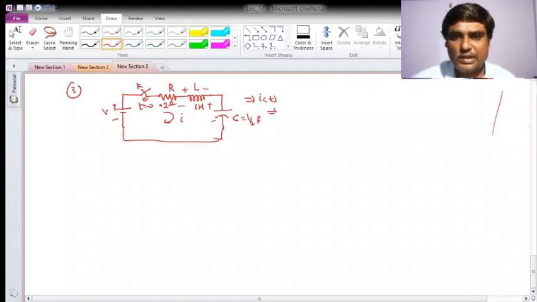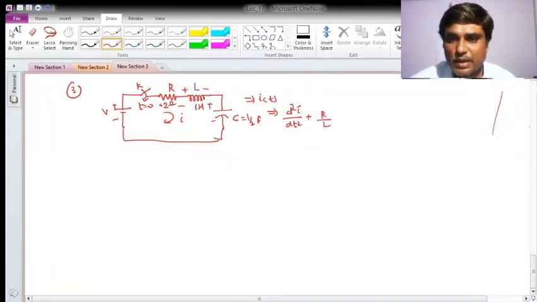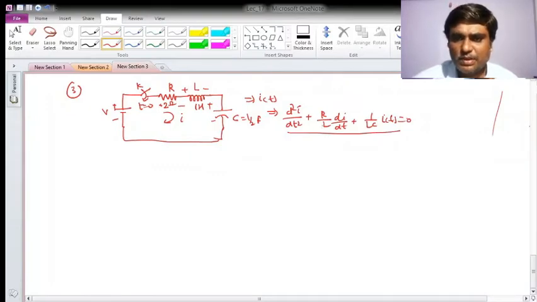So I will not write the equation, I will directly put it, that is d2i by dt square plus R by L di by dt plus 1 over LC I of t, which was 0. By putting the values of R, L and C, what we'll get is p square plus R by L which is 2p plus 1 over LC, so it is 1 into 1 by 2, so it becomes 2, which is the characteristic equation.